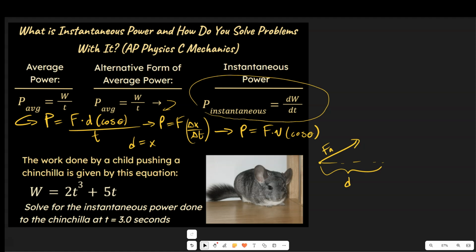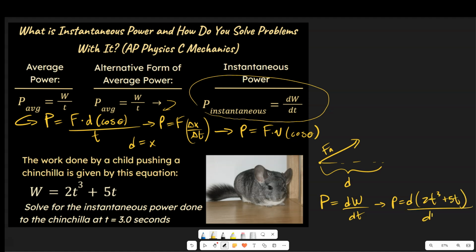So we're going to say power, instantaneous power, is the derivative of work with respect to time. So power is going to be equal to dW over dt. In this case, power is equal to the derivative of 2t cubed plus 5t over dt.